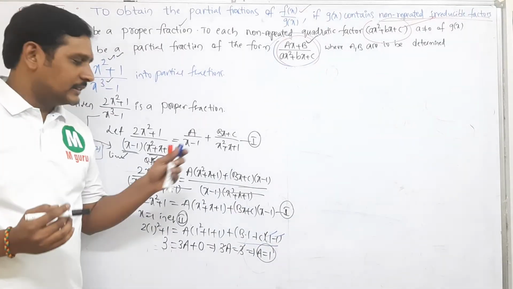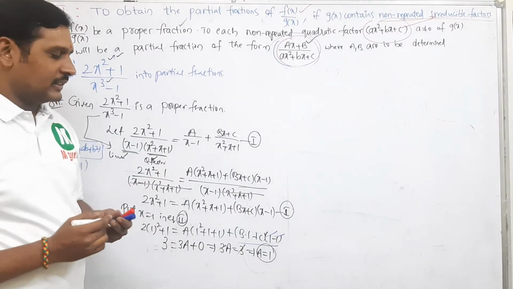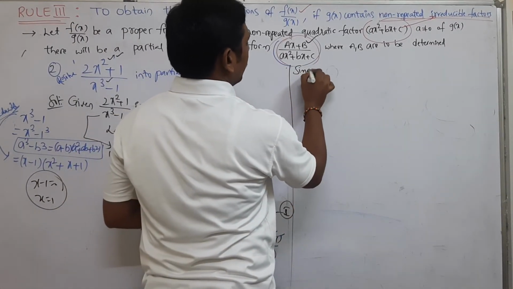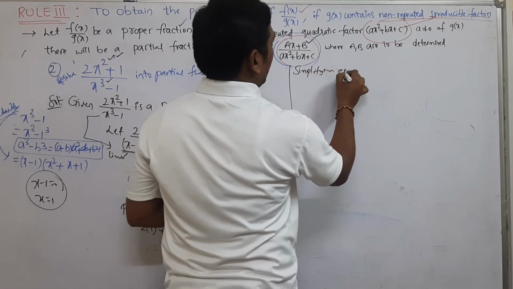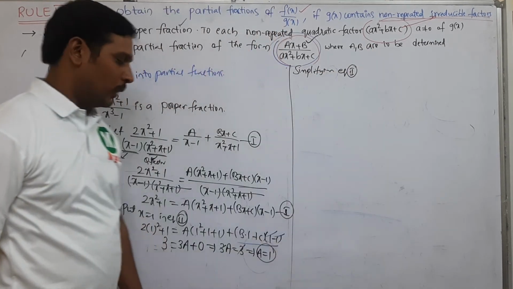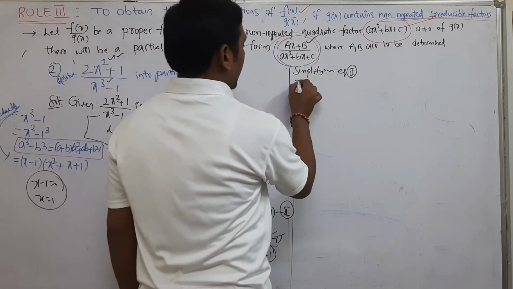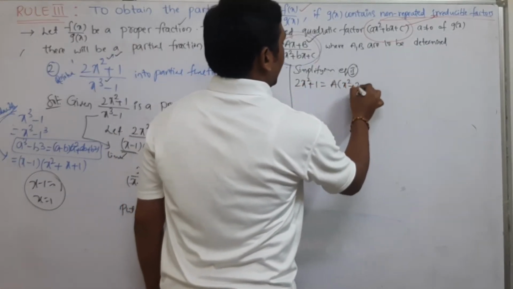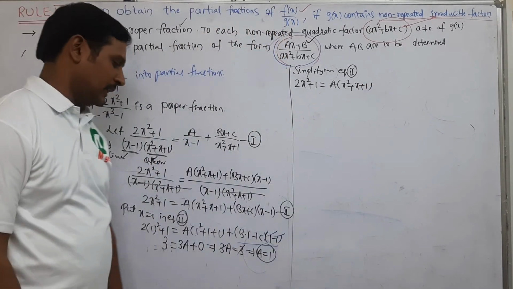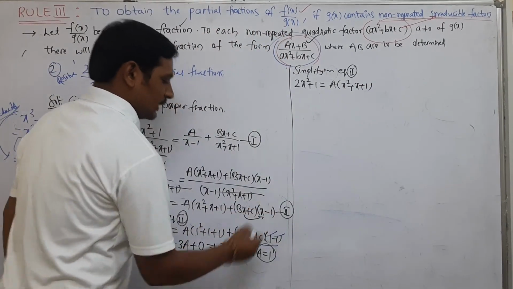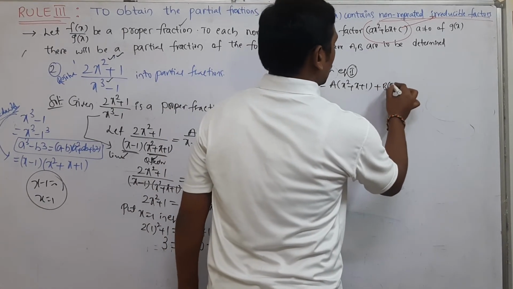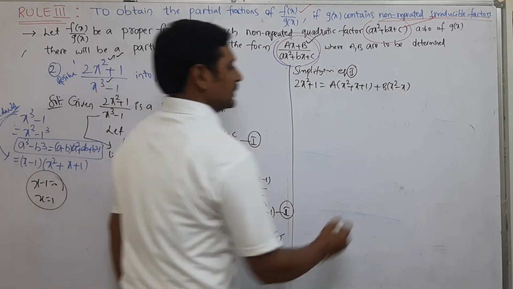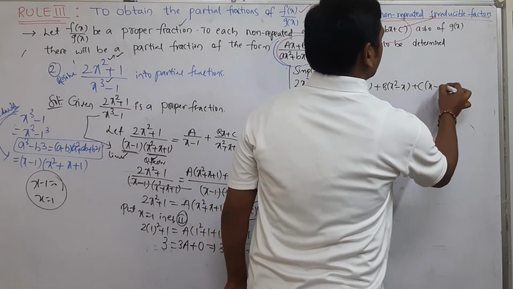Now we have the a value and there are no other possibilities to substitute. Then what to do? Just take the simplification of the second equation, right? So simplifying equation number 2. What is the second equation? 2x square plus 1 equals a into x square plus x plus 1, plus b into x square minus x, plus c into x minus 1.